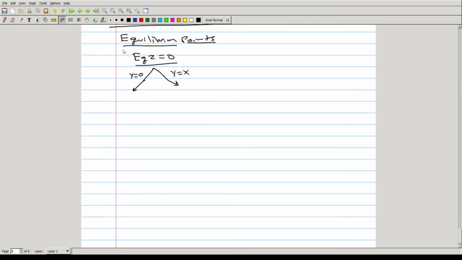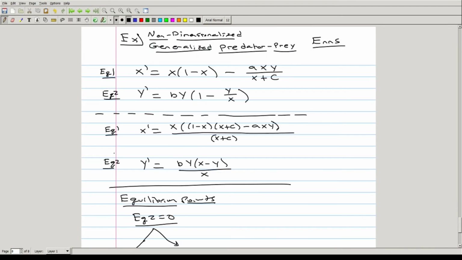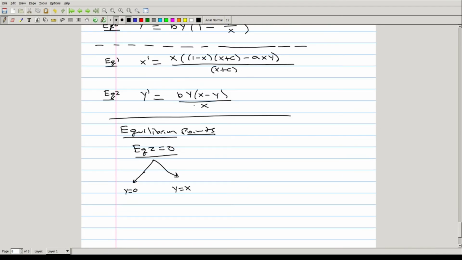And in the case that y is equal to 0, we can satisfy equation 1 being equal to 0 by having x be equal to 1 or x be equal to negative c.